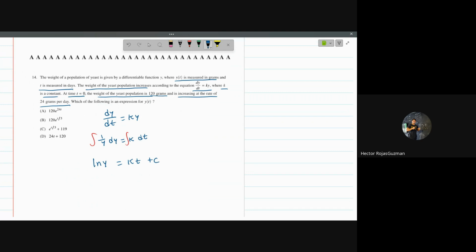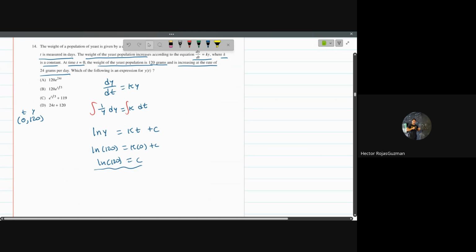Now, we were told that at t equals 0, the weight of the yeast population is 120 grams. So then we can do the natural log of 120 equals k times 0 plus c. And that should give me my c.